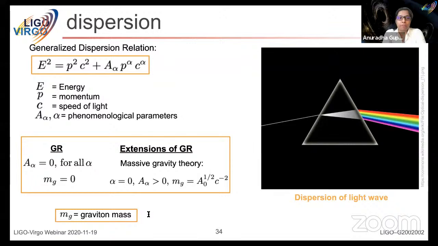A alpha and alpha can take different values. For example, in GR, A alpha is 0 for all alpha values. And in a massive gravity theory, alpha is 0 and A alpha has to be positive. This also gives us the mass of the graviton. Note that the mass of the graviton is 0 in GR. Next slide, please.